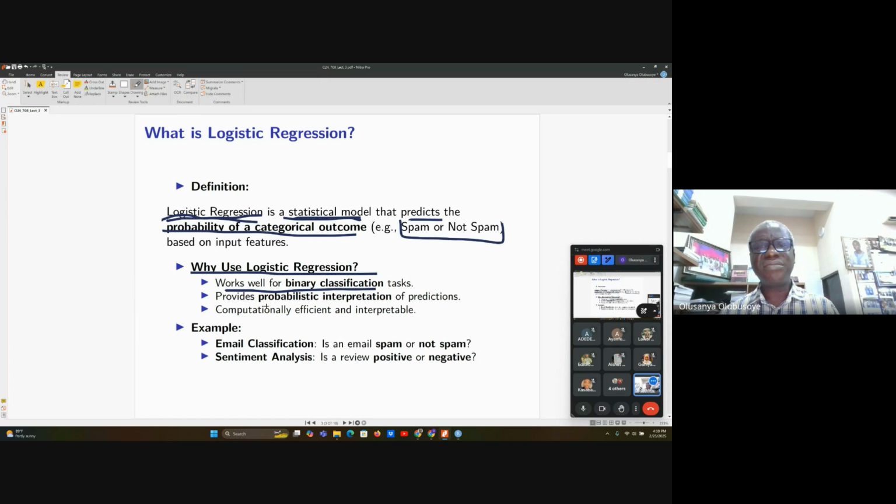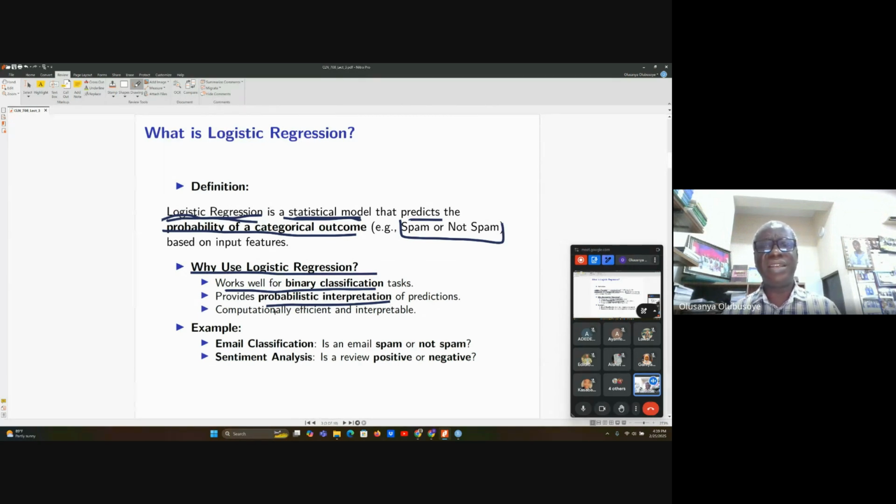Another benefit of it is the fact that we are able to predict probability, or we can provide the likelihood. We can interpret our prediction in terms of probability.